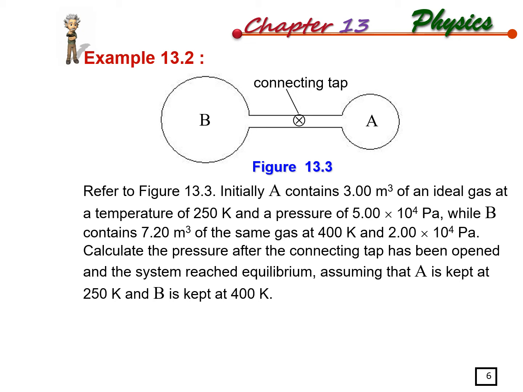Calculate the pressure after the connecting tap has been opened and the system reaches equilibrium. Assume that A is kept at 250 Kelvin and B is kept at 400 Kelvin.